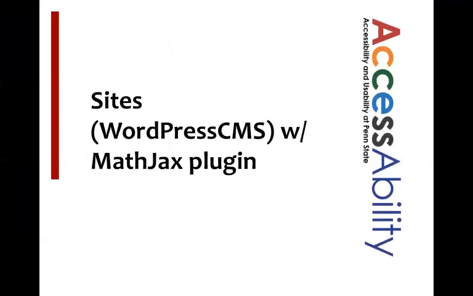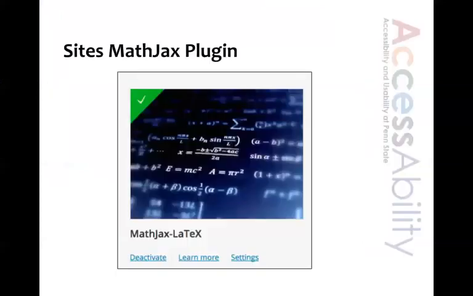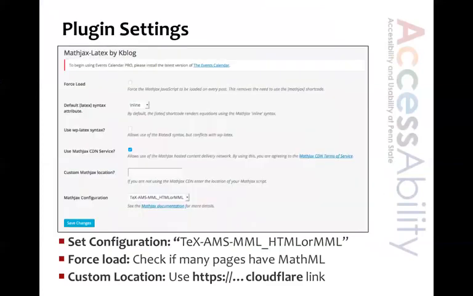The next thing I'm going to talk about is Sites, because that might be another place you might want to post math content. And as long as you enable the right plugins, that's also not too bad from a faculty perspective, although they do have to go into code view. If you go to Sites, there's something called the MathJax plugin, and you need to set up a few configurations.